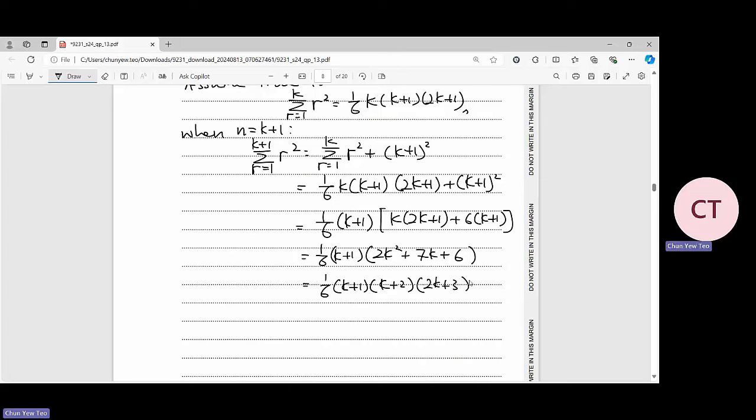Okay, so this is what you have. So this is actually the target that we want. Okay, this is the target that we want. So we just say that this one is true for n equal to k plus 1.